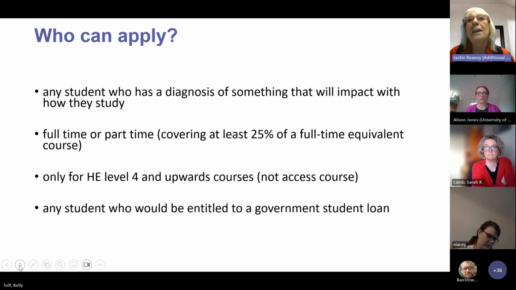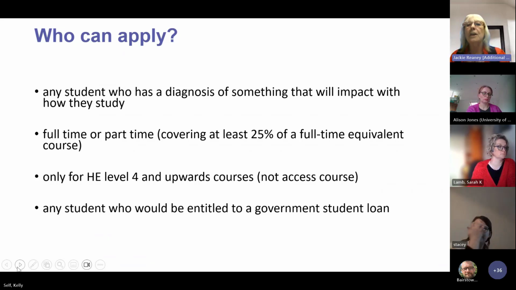So if we get you a scanner or a printer or a laptop, that's going to be yours to keep. It's not give-backable, so it really is something worth going for. Who can apply? Well, any student who has a diagnosis of something that will impact upon how they study. Doesn't matter whether it's a visible health issue, whether it's a bad back, whether it's autism, whether it's dyslexia.